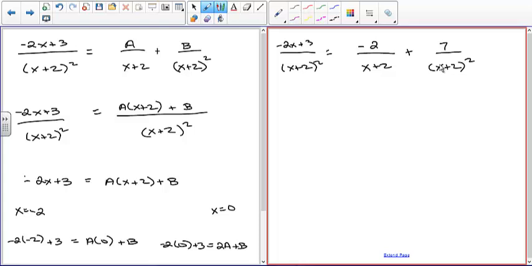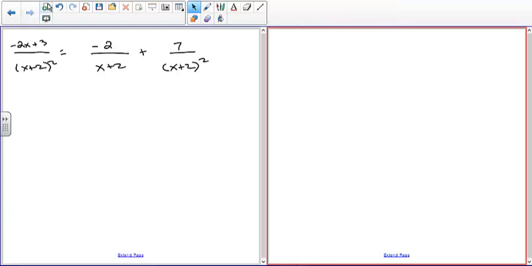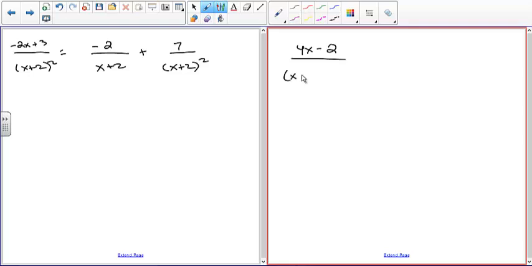Okay. Next is a quadratic factor. Typically we have a linear factor in here, otherwise there'll be no difference. So let's do x plus 1 times x squared plus 5.